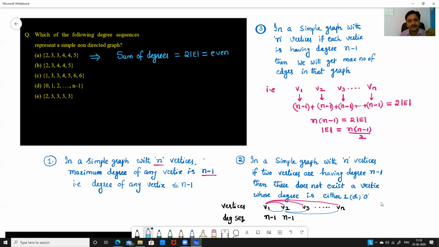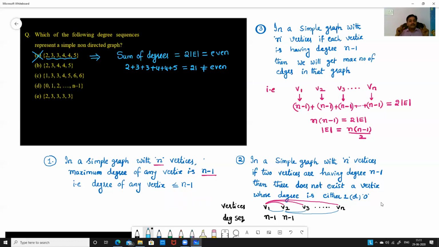If you sum up all these degrees, we have 2 plus 3 plus 3 plus 4 plus 4 plus 5, which is 6, 10, 14, 19, 21, which is not an even number. Hence, the first sequence does not represent a graph.